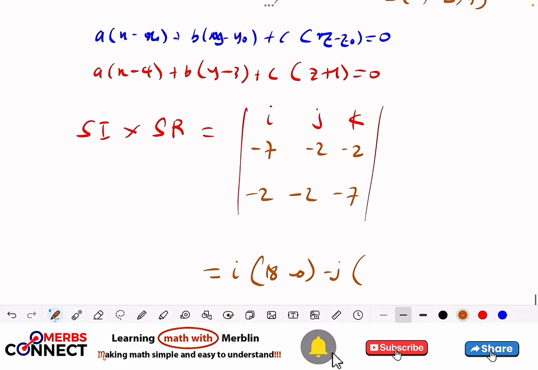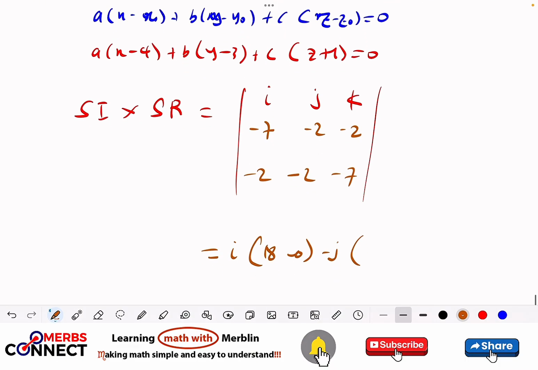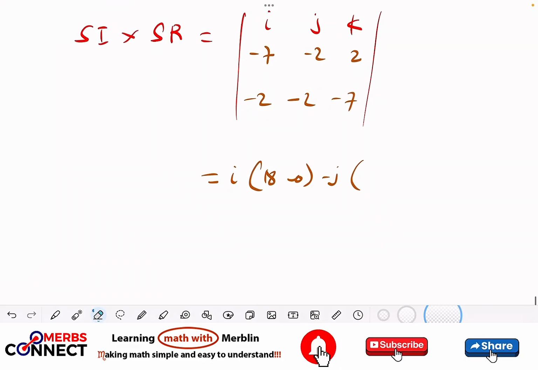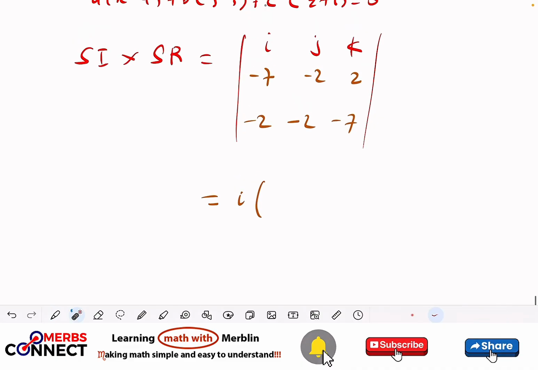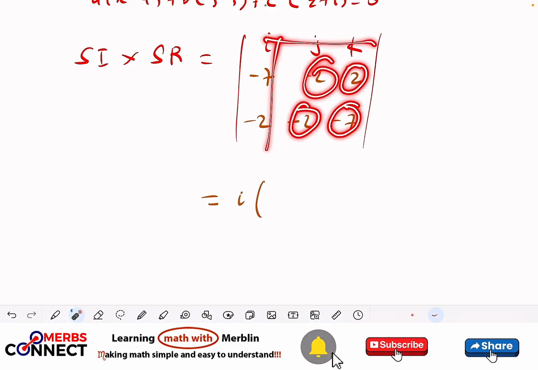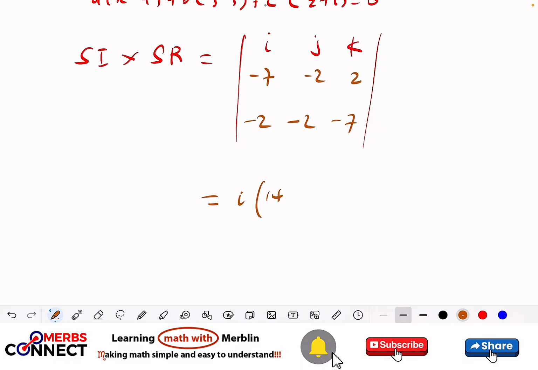Okay, so we are in the same position now. So now let's do the i again. So i will be equal to, now cancel this and this and multiply this one by this. So this time this will be 14. So 14 plus 2, right?